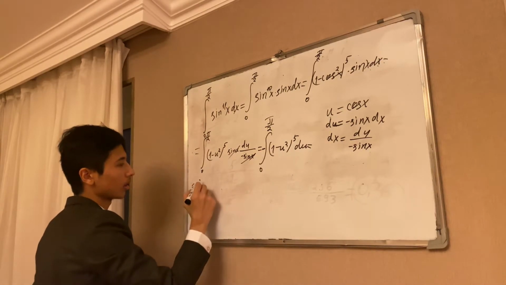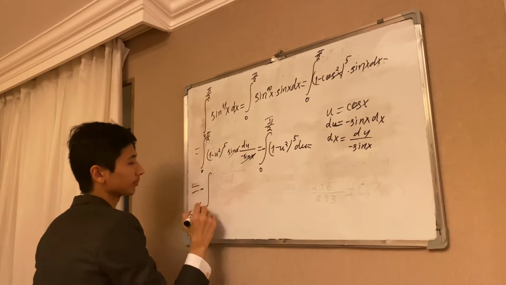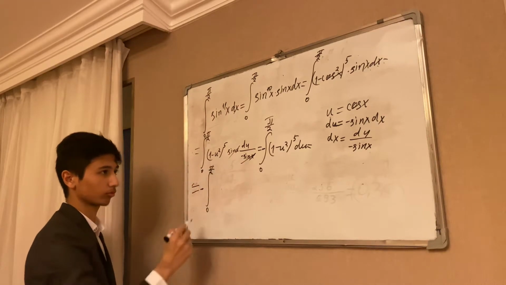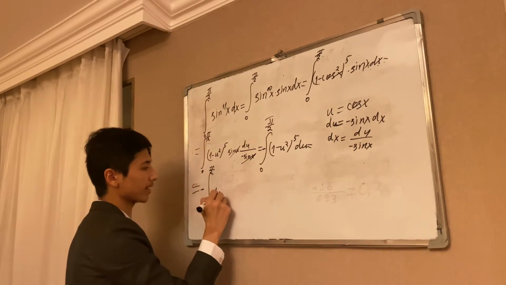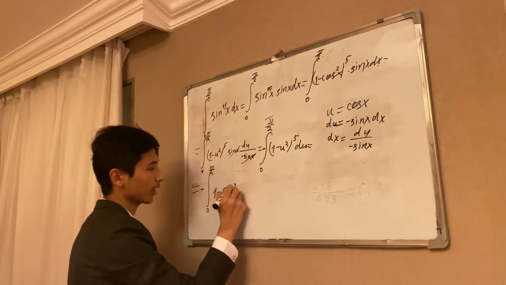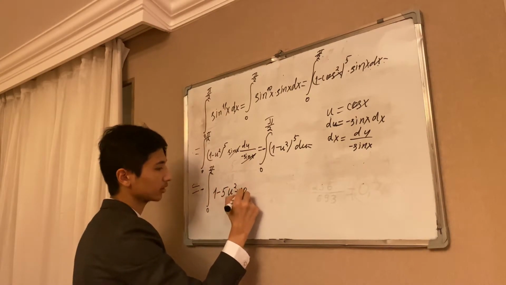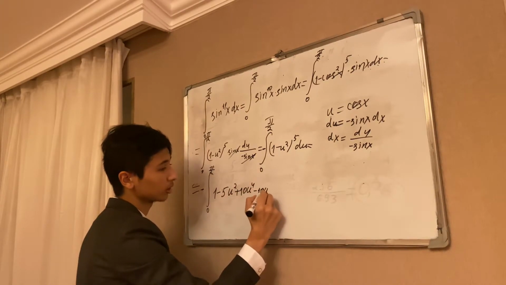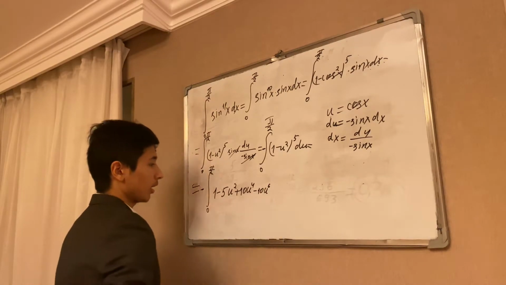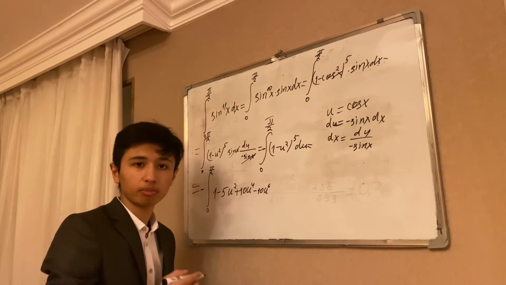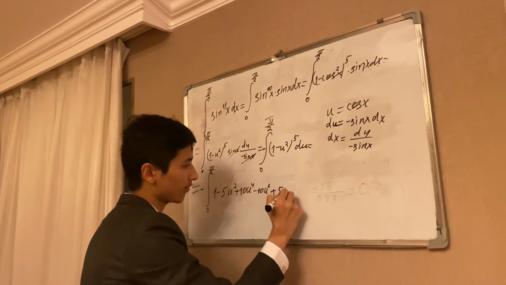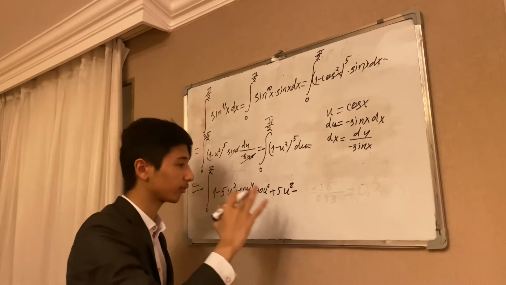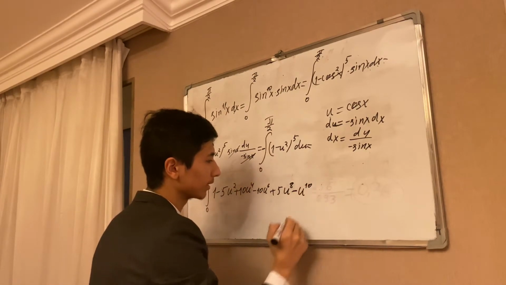So minus the integral from 0 to pi over 2 of 1 minus 5u squared plus 10u to the power 4 minus 10u to the power 6, and we also get plus 5u to the power 8 minus u to the power 10.